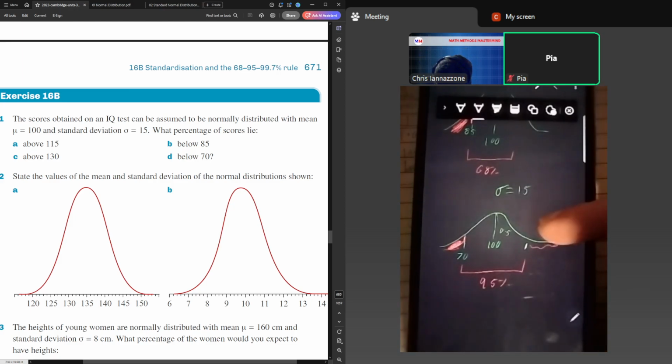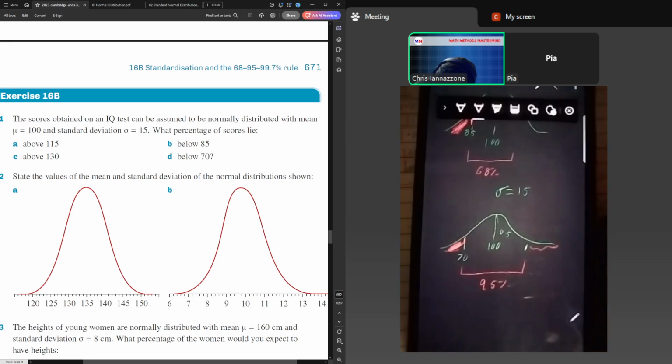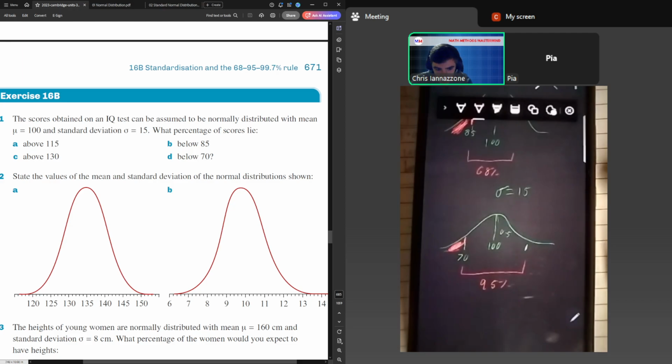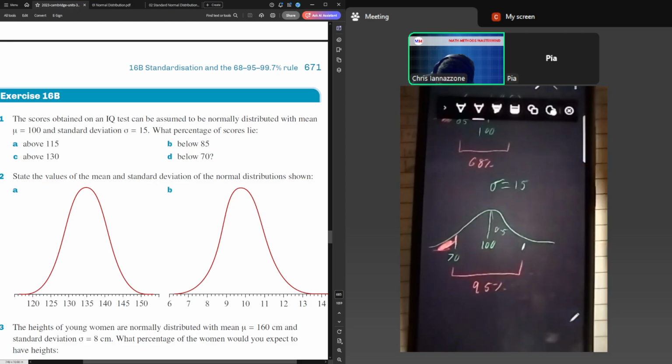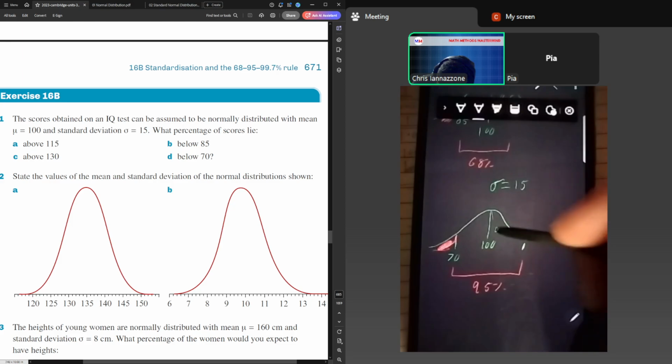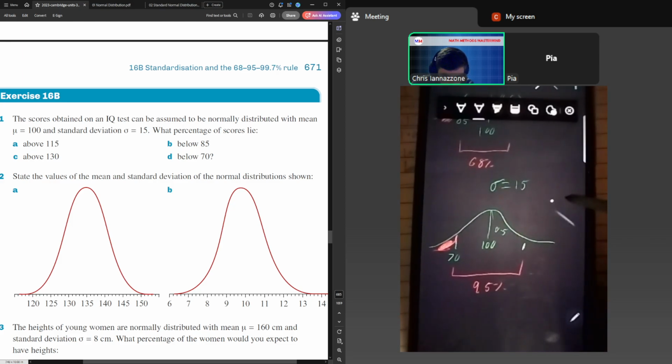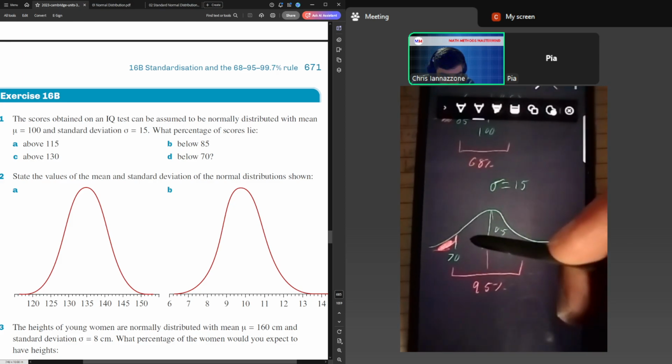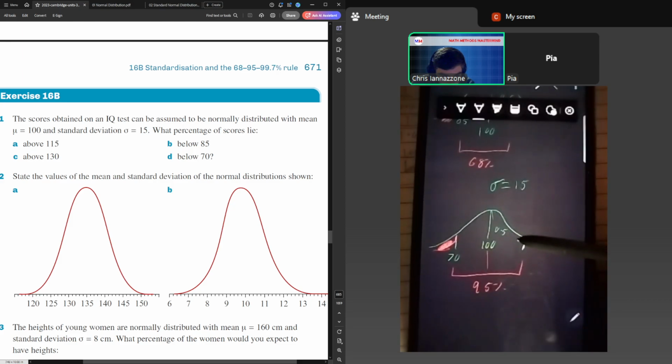There's a couple ways you could do this. If you're just using the most streamlined approach to what we've just discussed, it would be saying, okay, everything right of the mean is 50%, so we can mark that off as sorted. Then we say that 95% is split either side of here and here. We don't have to care about anything on this side anymore.